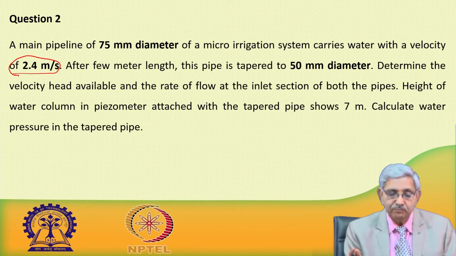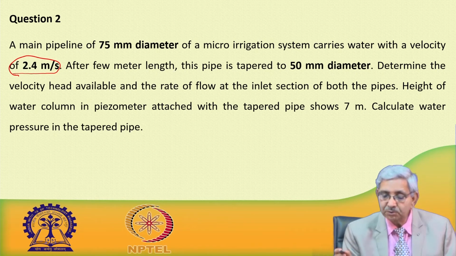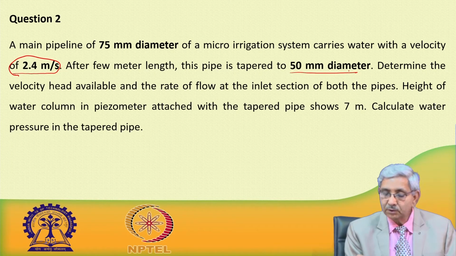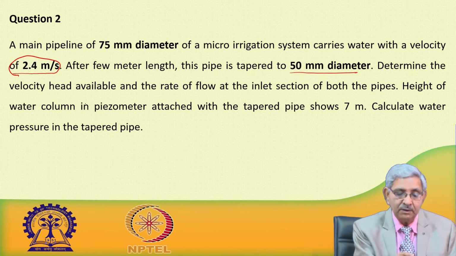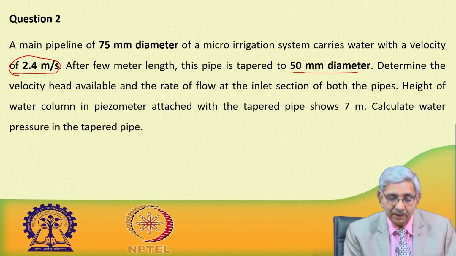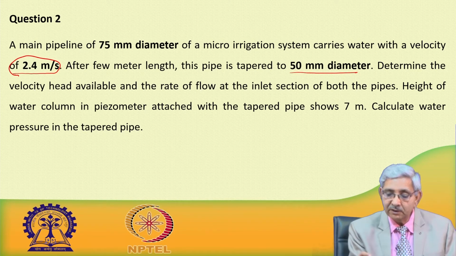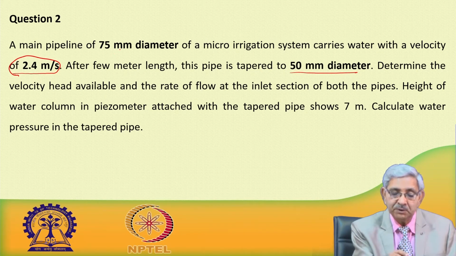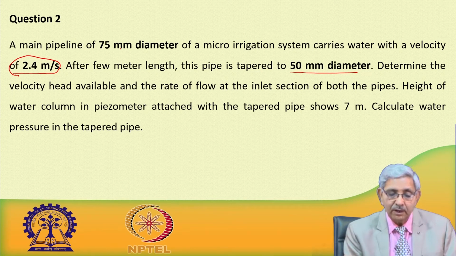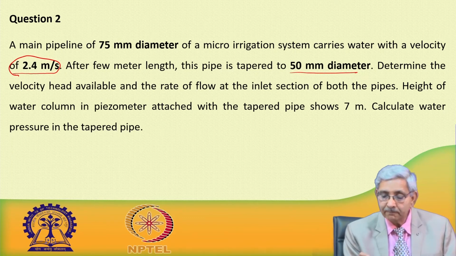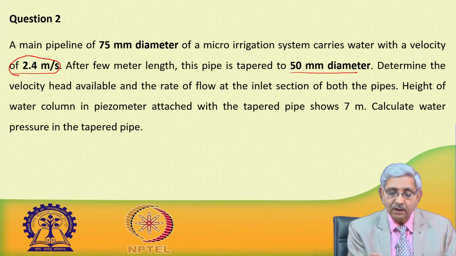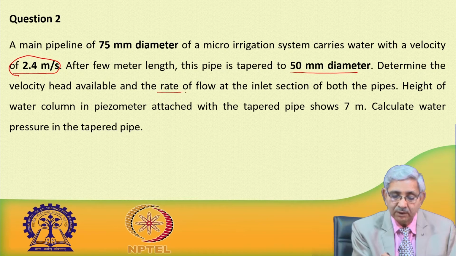After a few meters of its length, this diameter is reduced to 50 millimeter. Now, we want to determine the velocity head at the inlet end of these two pipes, meaning the 75 millimeter as well as the 50 millimeter diameter pipeline, and also find the discharge from this pipeline.